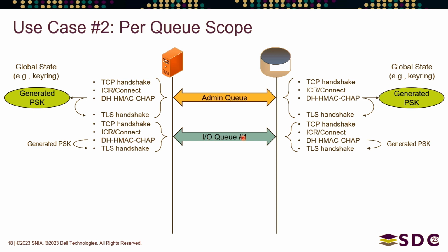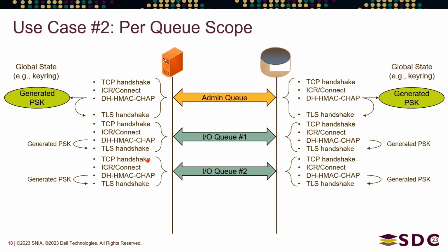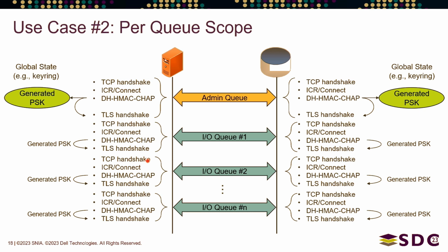From there, I generate a PSK and I use it to set up my TLS connection. Same for IOQ2, same for IOQN. And so here I would have different PSKs per each of these queues, so per each of the TCP connections in this NVMe TCP association between this host and this subsystem.